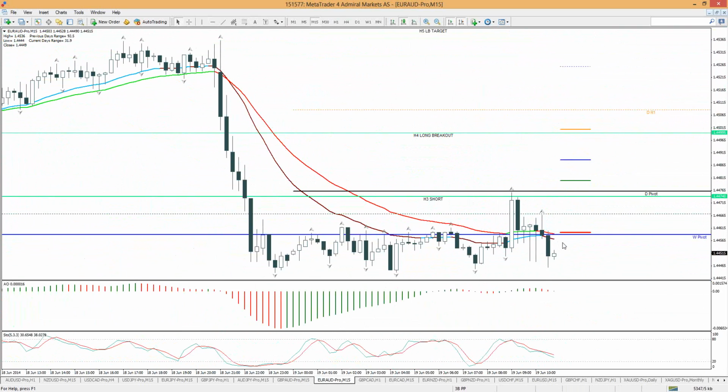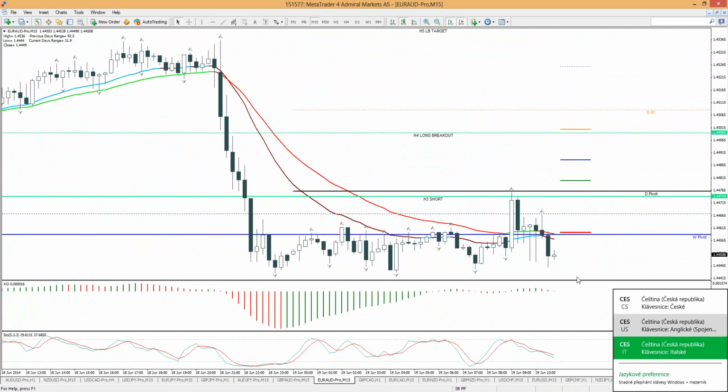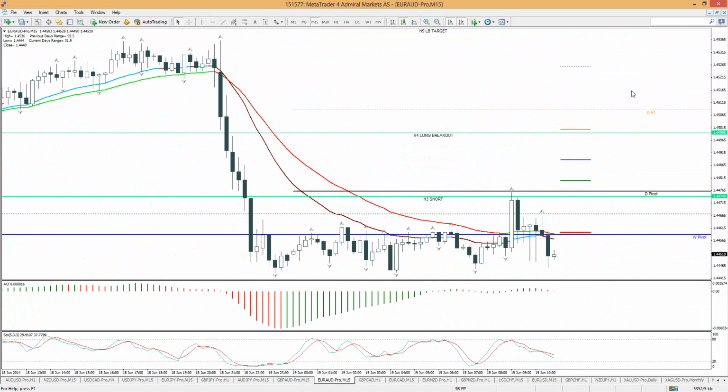So I'm still in a waiting mode. I don't have any pending orders on this one, but it's definitely going to attract my attention for today. At the moment, it doesn't seem likely that we'll get that bigger bounce, as I said, and we'll have to see how much consolidation price makes here.